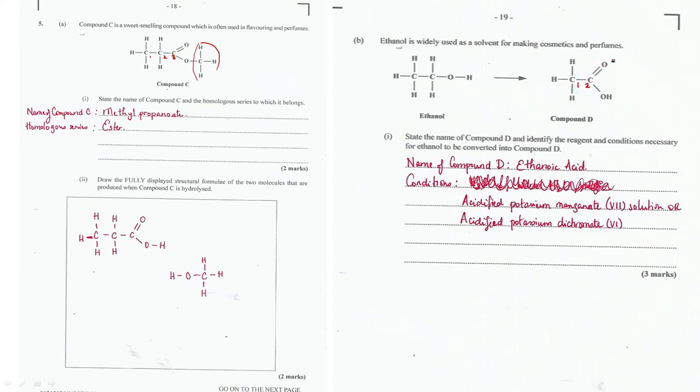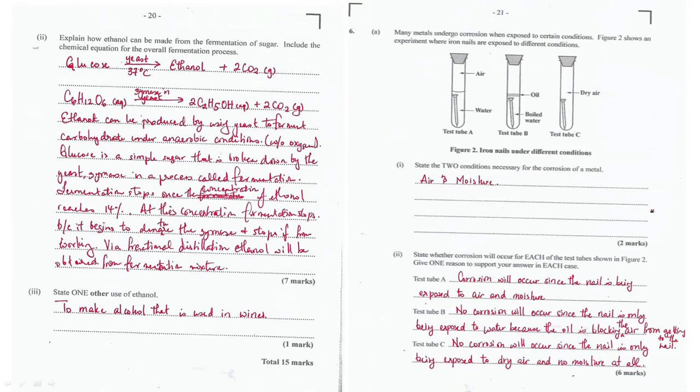And then since you have the functional group COOH, it will be ethanoic acid. Now the conditions to go from the alcohol to the acid will be acidified potassium manganate(VII) or acidified potassium dichromate(VI). So either one is fine. Just make sure it's acidified.